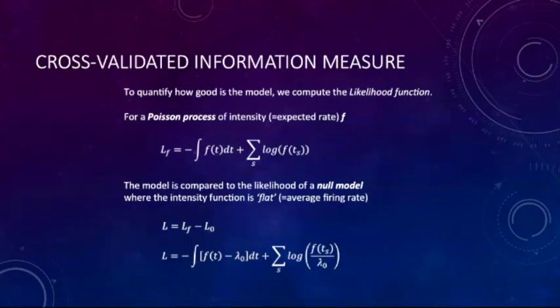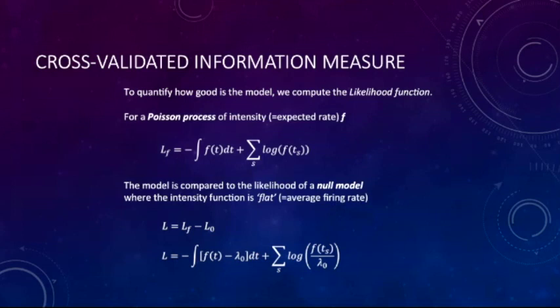But you always need to compare a model with a null hypothesis. In this case, the null hypothesis is that the rate is flat. It does not depend on your behavioral feature, here the head direction. So it's the average firing rate: the cell will fire at the same rate for all possible head directions. We call this the likelihood function for my tuning curve f, and I compare it to my tuning curve f0, meaning flat.